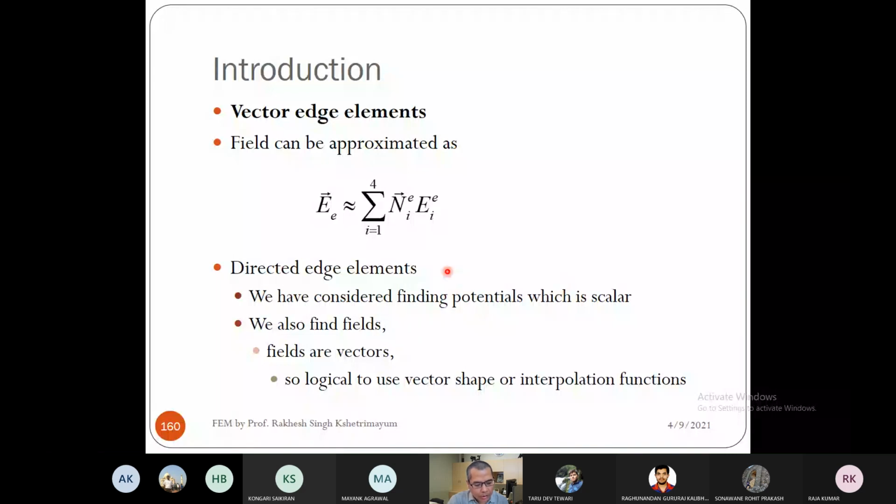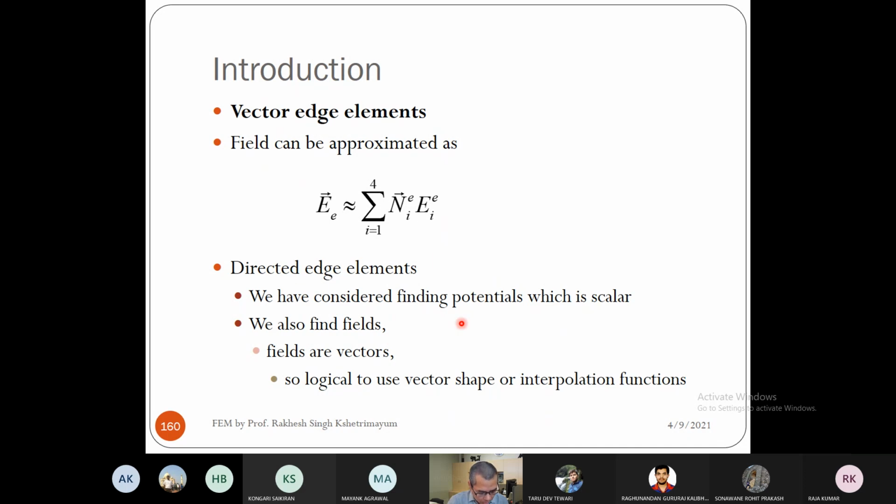But in many electrodynamic problems, we want to find the fields, maybe the electric field or magnetic field. Fields are all vectors, so it is more logical to use vector shape or interpolation functions. That's the idea behind this. Even if you want to solve a wave equation, it is a vector wave equation.